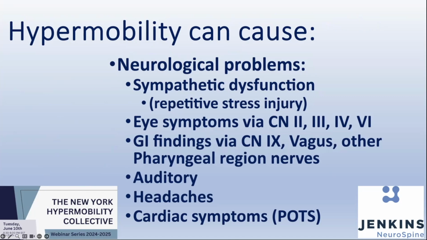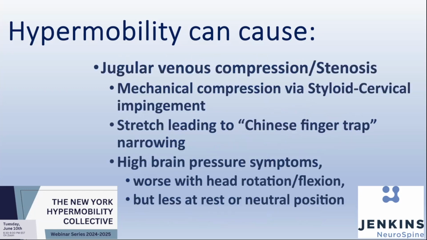It can cause auditory problems, including hearing sounds that nobody else can hear. It can cause headaches from a number of different mechanisms, not the least of which is the back pressure of the venous blood not being able to leave the skull, as well as cardiac symptoms from dysfunctional regulation of the heart rate, either through sympathetic or parasympathetic imbalance.